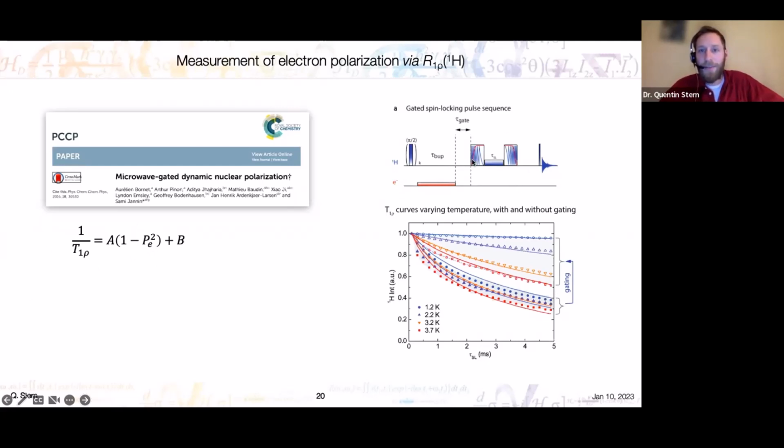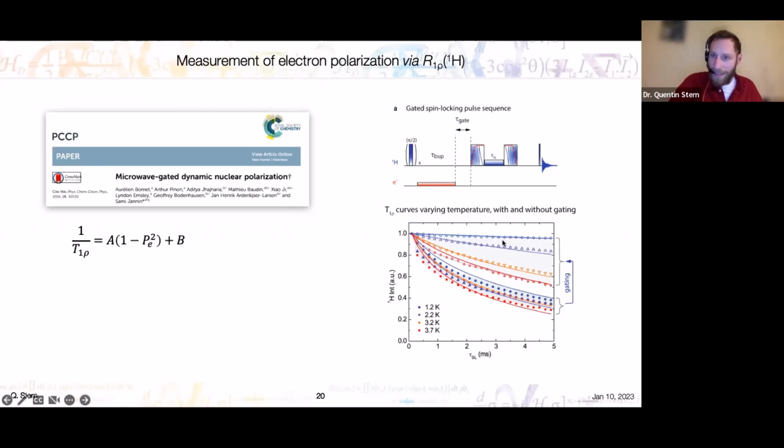So the pulse sequence that they use: you first polarize the proton spins, shining microwaves. Then you switch off the microwaves. You wait a time that is sufficient for the electrons to relax. And then this is a spin lock sequence where you put the protons in the transverse plane, spin lock them, and then bring them back along the z-axis and read out what remains along the z-axis.